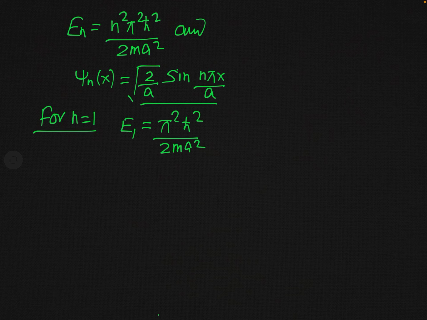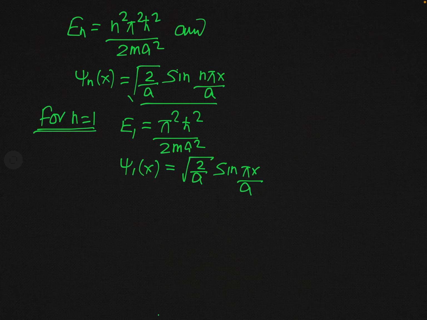Now see what will be the eigenfunction corresponding to n equal to 1. This eigenfunction will be psi1 of x, and this psi1 of x is square root of 2 over a sine pi x over a.